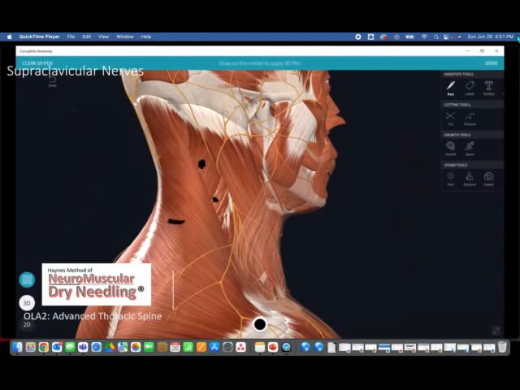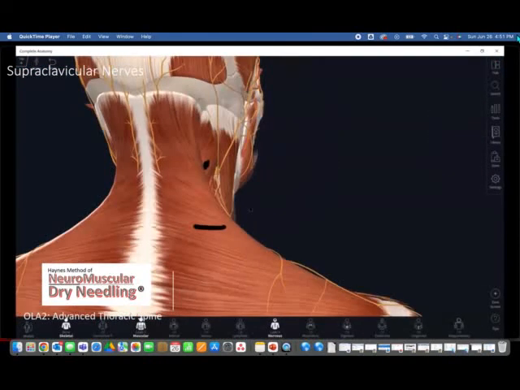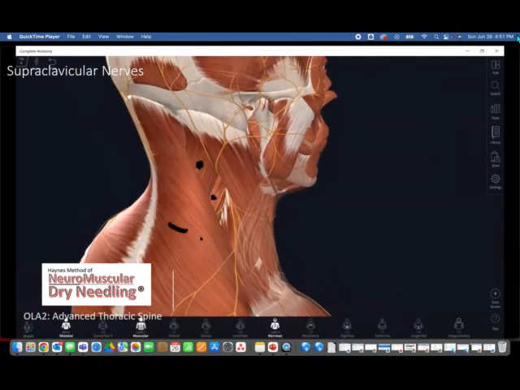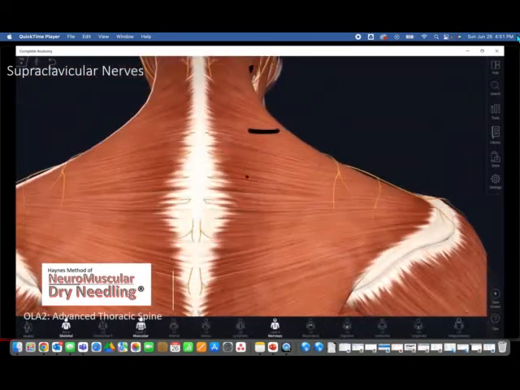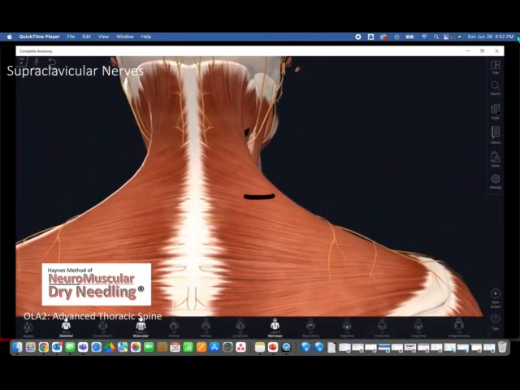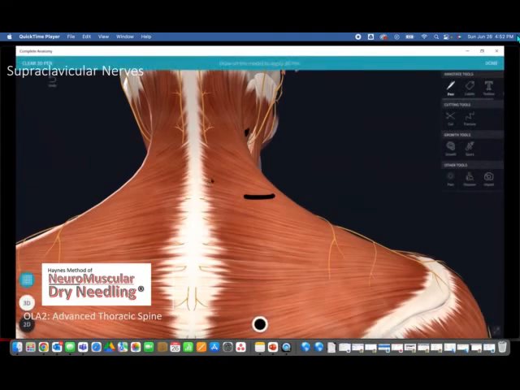This could also be needled at the spinous process of, say it with me, C6 and T4. And that would get that neuromuscular release that we're looking for in those structures.